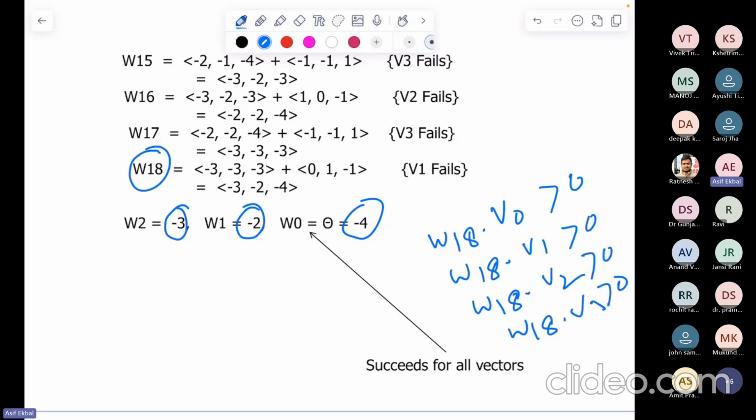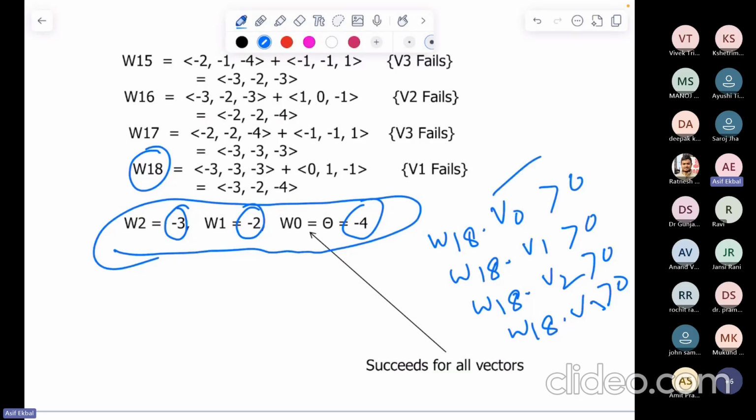So that means you get an idea now that this is the perfect weight combination for which your input training has been completed. Because all the input vectors, V0, V1, V2 to V3, are getting the success. Now, while you do the perceptron training, we actually want to come up with this very concrete set of weight values for which this particular condition will be satisfied.